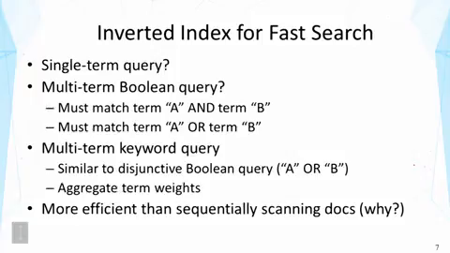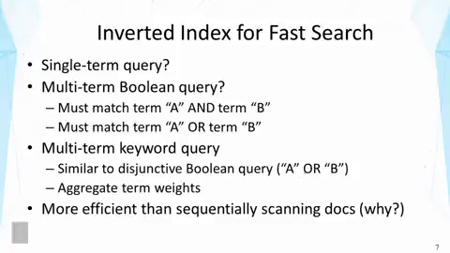So why is inverted index good for faster search? Well, we just talked about the possibility of using it to answer a single word query. And that's very easy. What about the multiple term queries? Well, let's first look at some special cases of the Boolean query. A Boolean query is basically a Boolean expression like this.